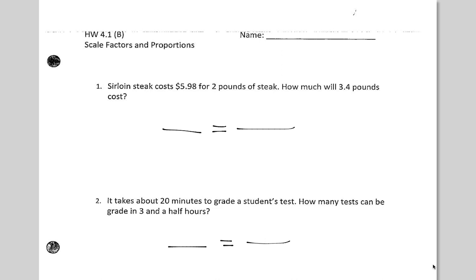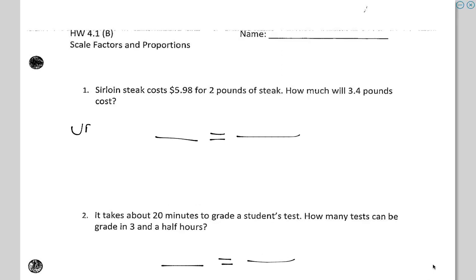But make sure you understand the units that go on top and the units that go on the bottom. If you can say that these units match these units and these units match these units, you have a much higher success rate of setting these up correctly. The solving part's simple. It's really the setting up that we're focusing on in 4.1b.